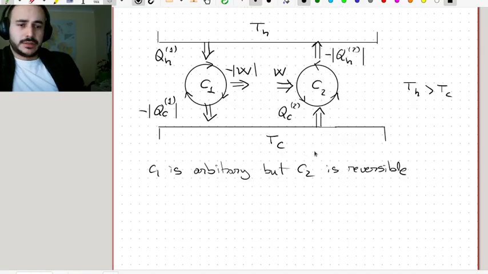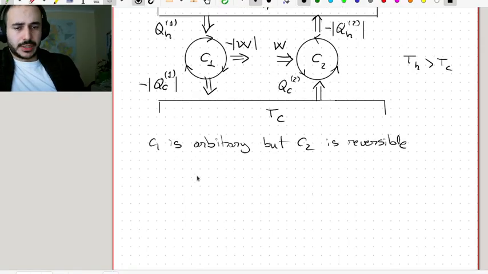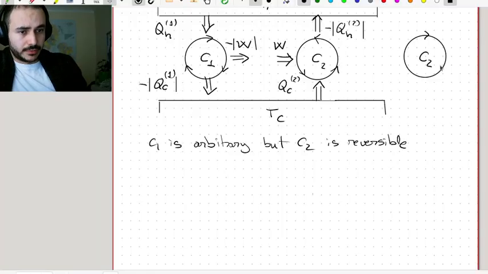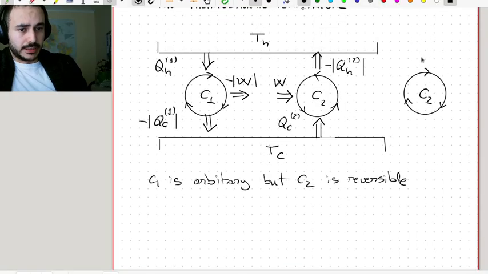So that's the setup. And of course, these two things have some thermal efficiency. In particular, it's important to note that C2 is reversible. So here I'm running it as a refrigerator, but because it's reversible, I know for sure that I can run it in reverse. So I could run it like that. And when I run it like that, I know that I can take an amount of heat exactly equal to the absolute value of Q hot 2.